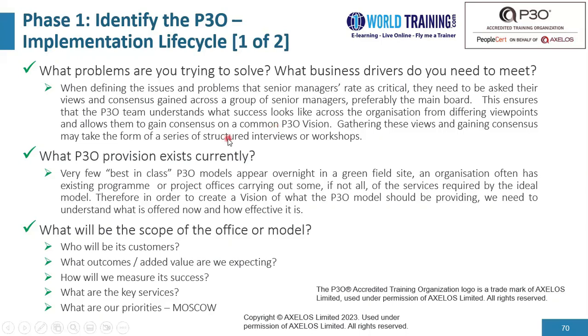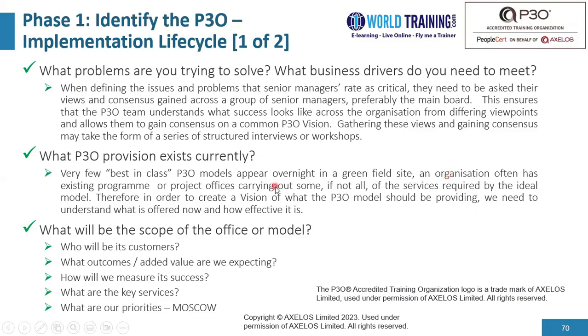Another question that we might want to address is what P3O provision exists currently? What is the current capability of the P3O? When we look into the practical environment, the best-in-class P3O models are not implemented in greenfield sites. By greenfield, we mean organizations which have no P3O capabilities whatsoever.